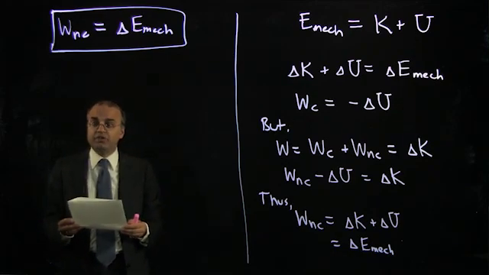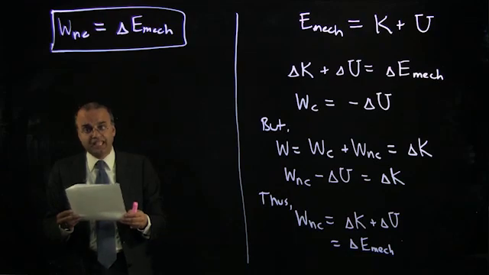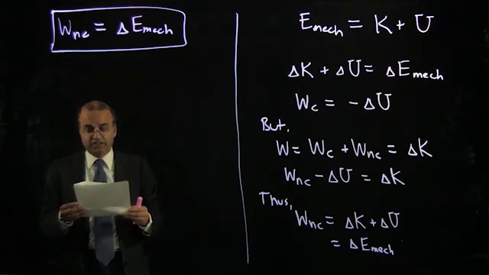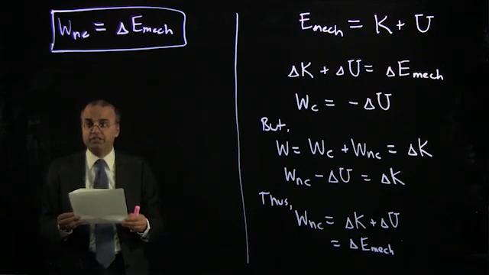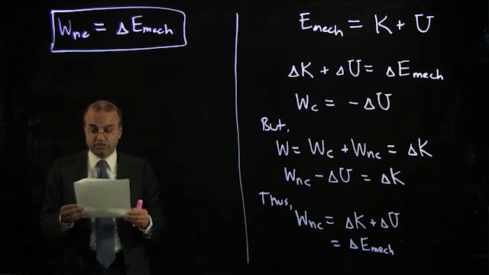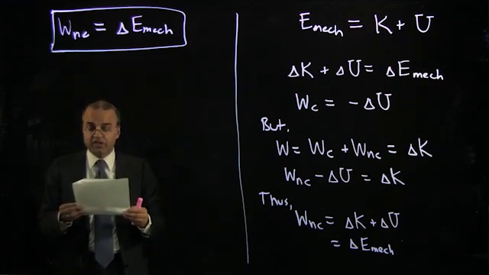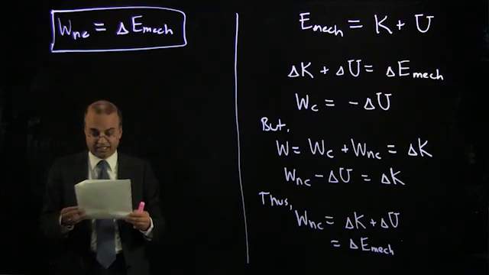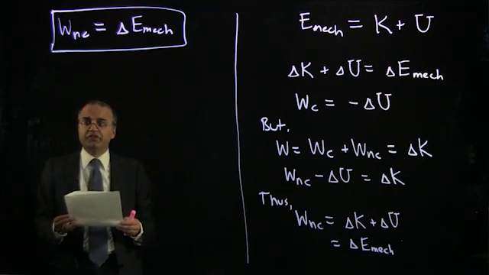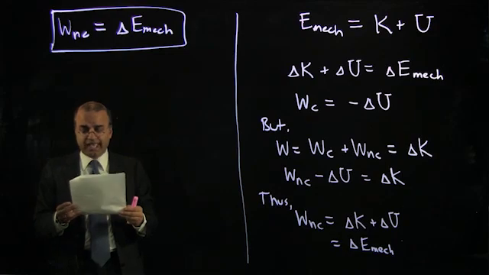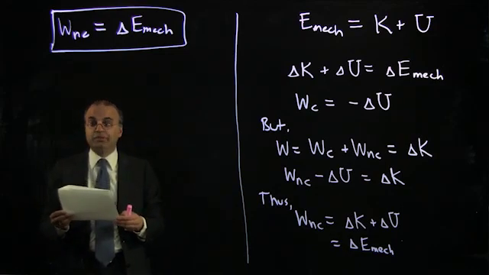So if one were to keep track of both mechanical and non-mechanical energy, then it turns out that the total energy, mechanical and non-mechanical, the total energy of a system is conserved even if non-conservative forces are acting. However, it's difficult to recover the non-mechanical energy and change it back into mechanical energy.